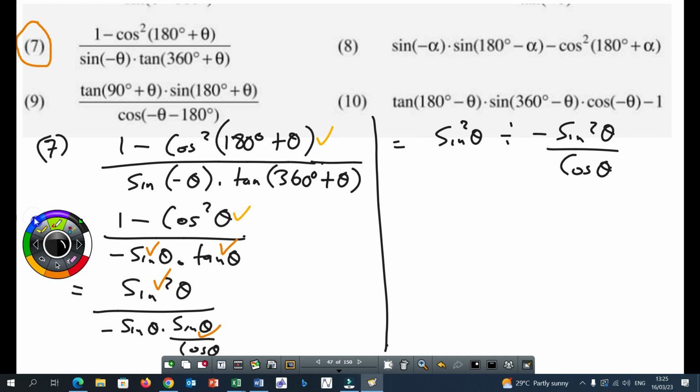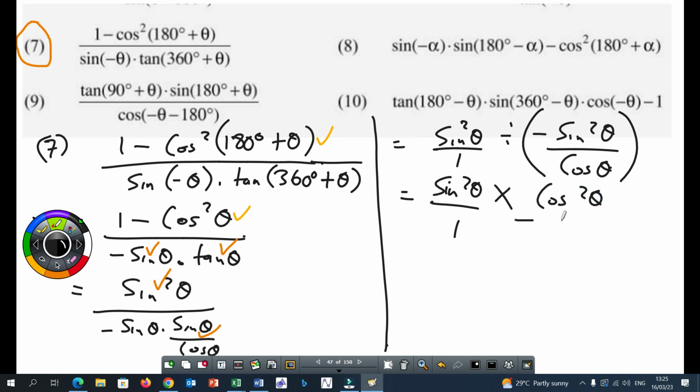We could put this in brackets. Then be aware that the denominator of that sine squared theta is a 1. So that will be times cos squared theta over negative sine squared theta. There's a negative sine theta here and another negative sine theta. There's multiplication, so you get minus sine squared theta.